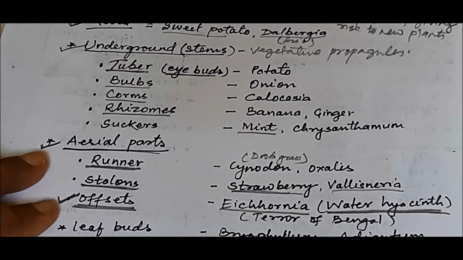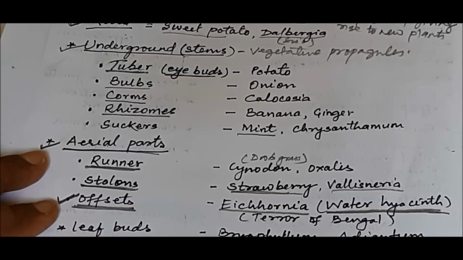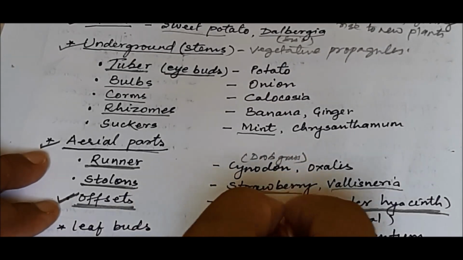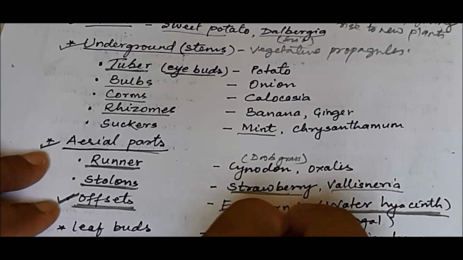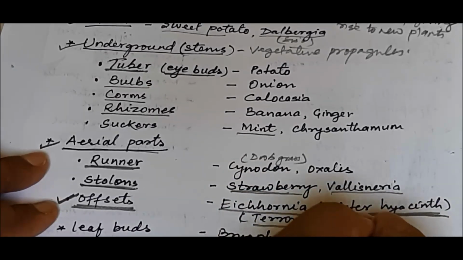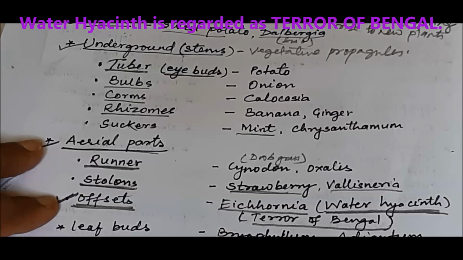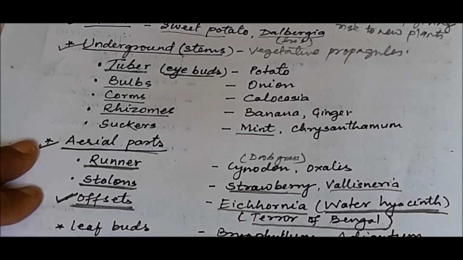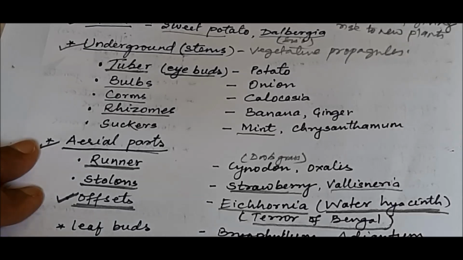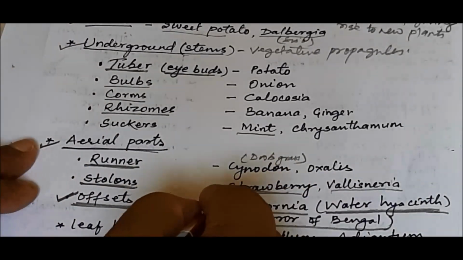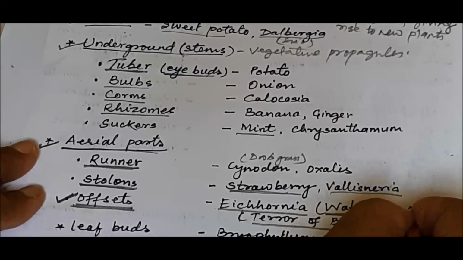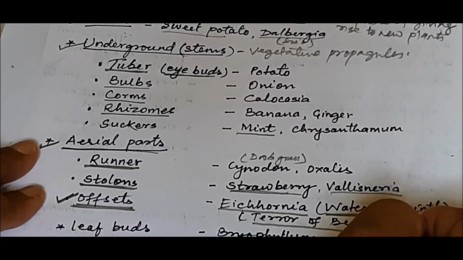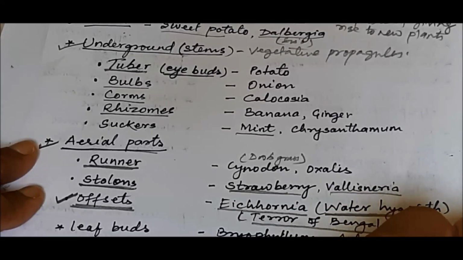Water hyacinth is generally seen in ponds and lakes, but it is referred to as the terror of Bengal. Why? Because we have already seen that the asexual mode of reproduction is a very fast and rapid process, and rapid multiplication takes place in water hyacinth. Water hyacinth grows very rapidly and takes up the oxygen dissolved in water very rapidly.